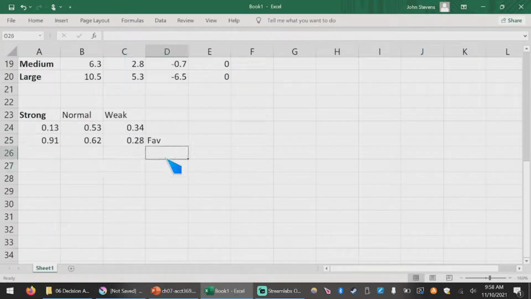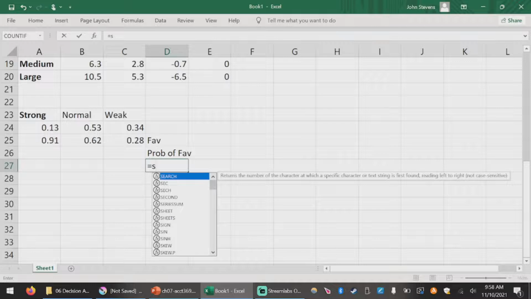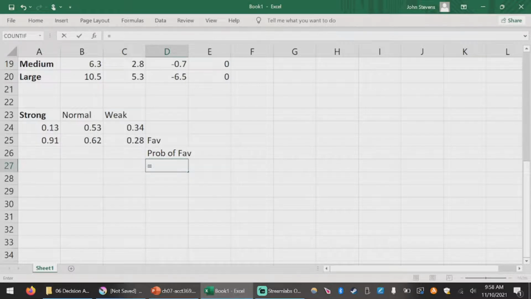Okay, so the probability of favorable, I can calculate over here as the sum product again. If you want, not a shortcut, you can type it in to see it matches the one we wrote down. That's perfectly fine too. It's not big, so there's no need to get fancy, but a sum product would certainly do it as well. Regardless, there we go, 0.5421.